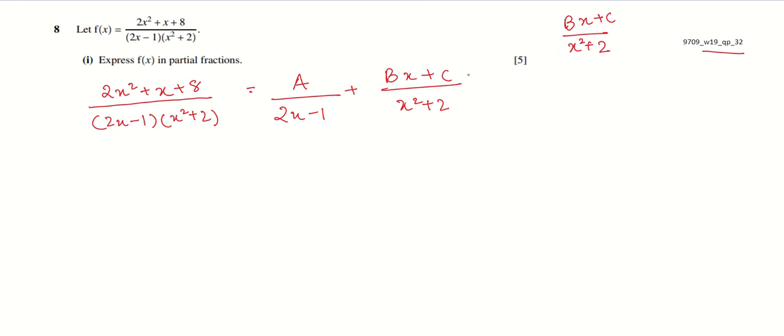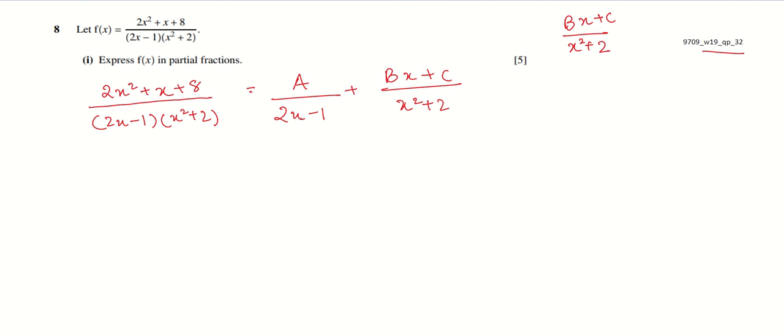If it was not x squared and it was just x, then you could simply have written B instead of Bx plus C. But right now we have x squared, so our numerator over here will be Bx plus C. So remember, if you have a factor that has an x squared term, the numerator on top of it will be Bx plus C, Dx plus E, whatever it is, depending on the fraction.